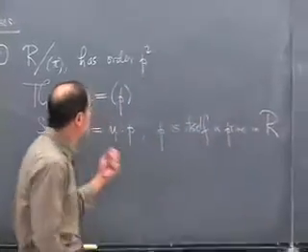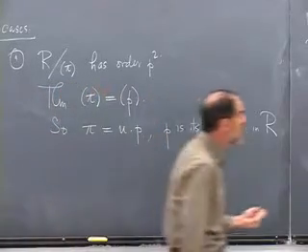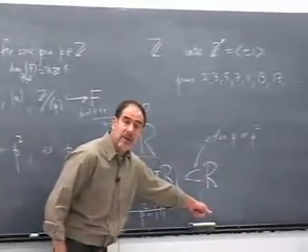Namely, the rational number p is actually a prime. If the rational number p is a prime, then this is a prime ideal, and the finite field has order p squared.